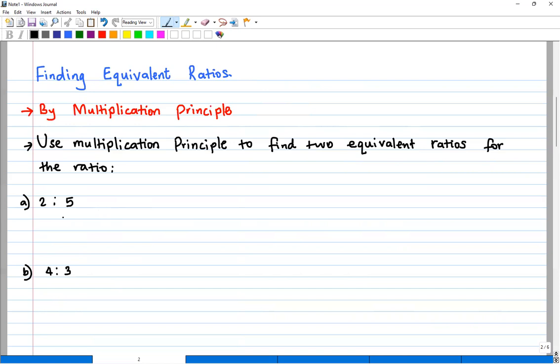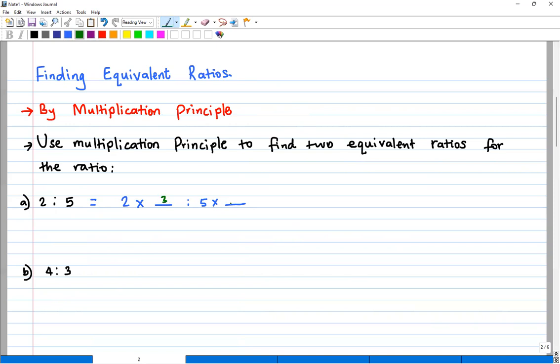So we are having 2 to 5. So we say that this is equal to 2 times a certain number to 5 times a certain number. This number must be the same. Let's say that, okay, we will multiply by 3.